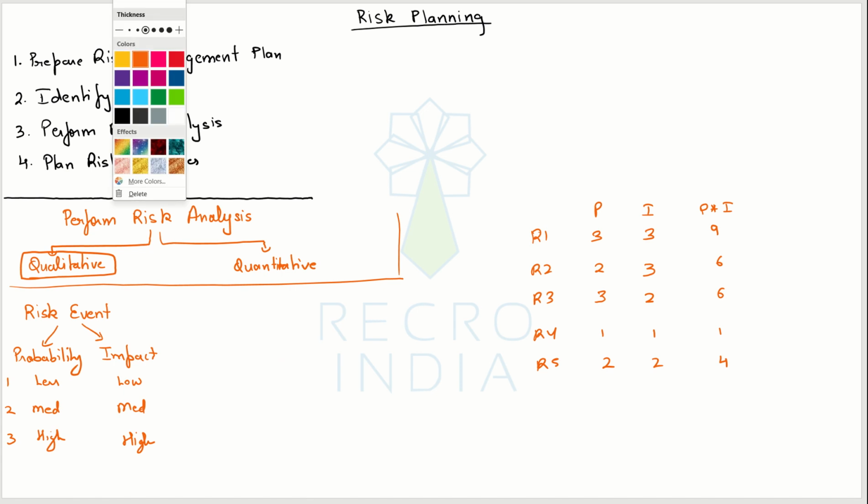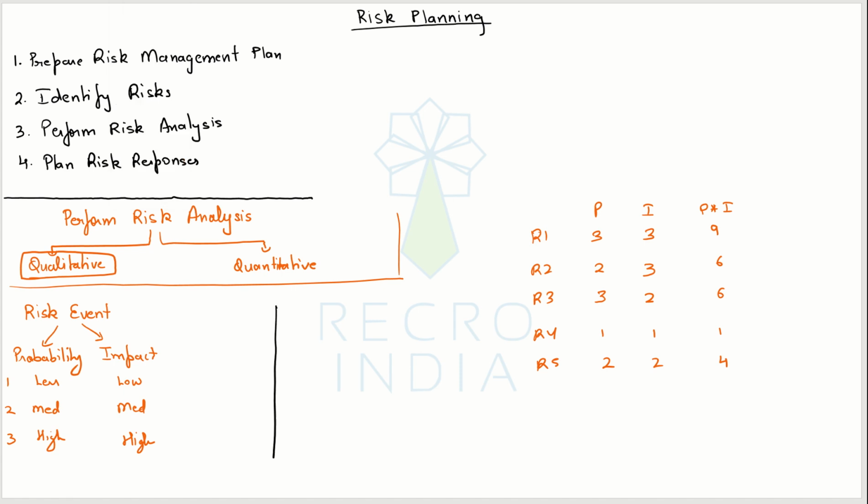So for that purpose, we are going to create a prioritization matrix where, let's say, probability is on this side and impact is on this side.